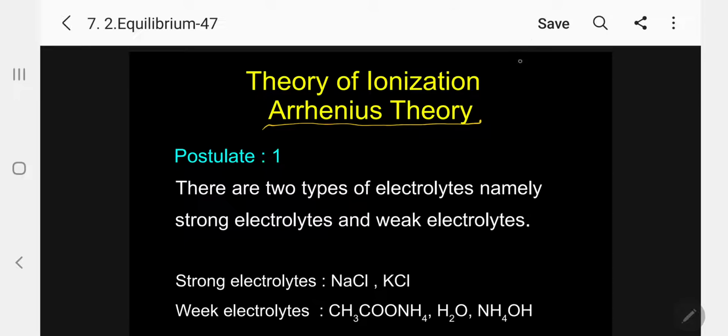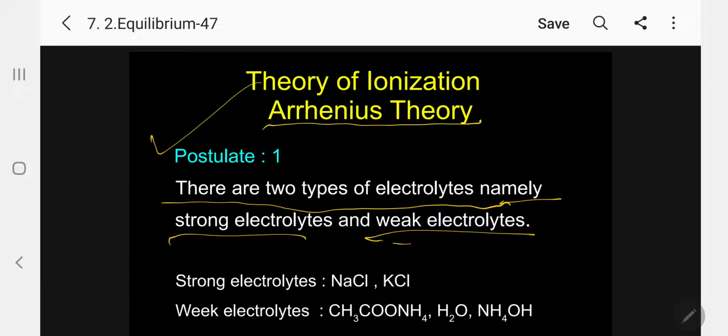Arrhenius theory, postulate 1. There are two types of electrolytes, namely strong electrolytes and weak electrolytes. Strong electrolyte, I am giving example, sodium chloride, potassium chloride. Weak electrolyte, I am giving example, water, ammonium hydroxide and ammonium acetate.